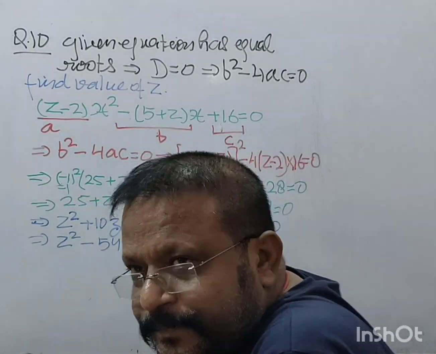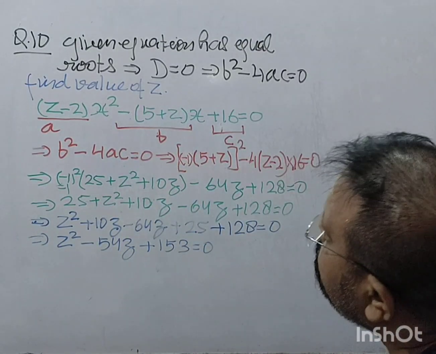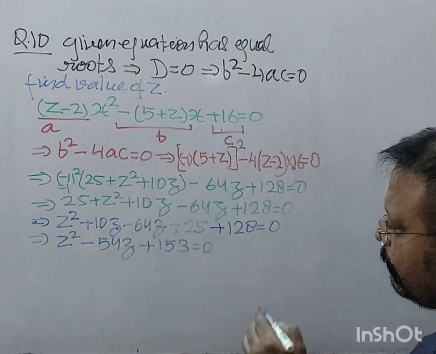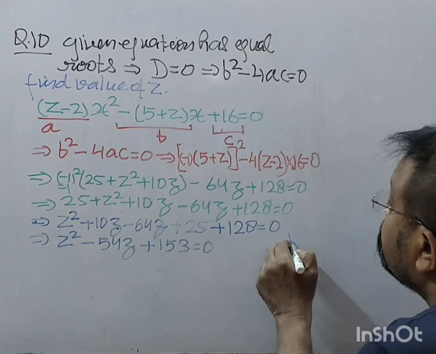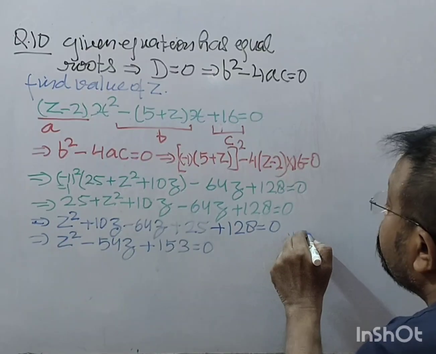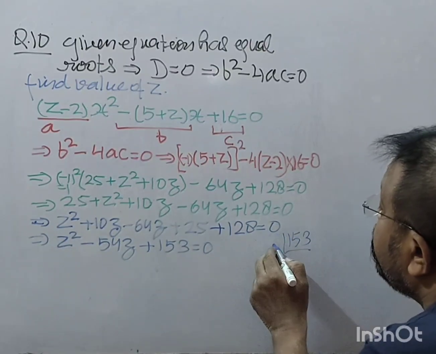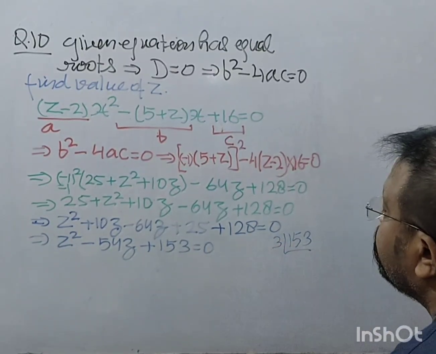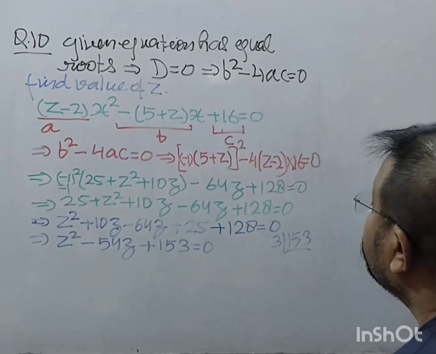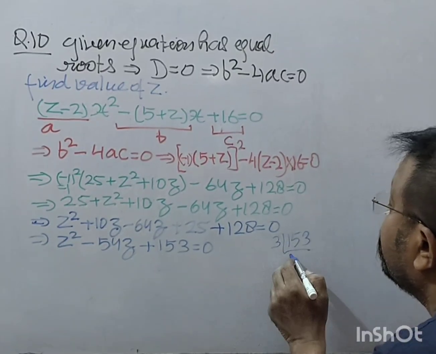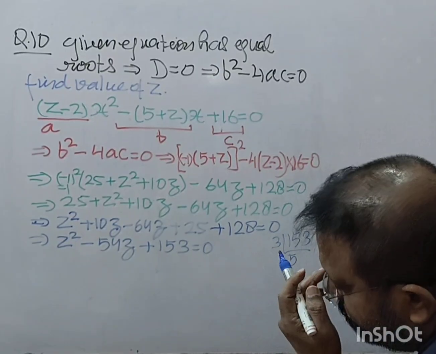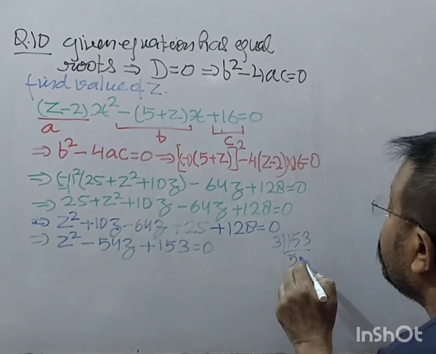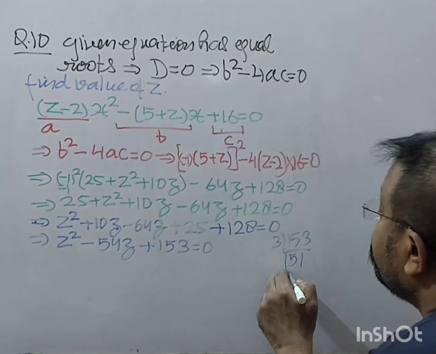You get this? Now how will you solve? Now 153 is divided by 3, you get 51.